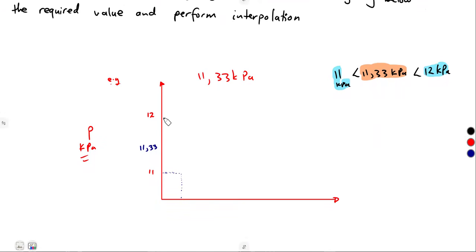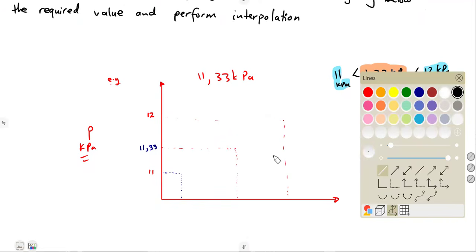You're going to see that the 12 was going to correspond to the maximum value, and we have those values corresponding on the horizontal, and the 11,33 was going to do the same thing, corresponding to a certain value that we do not know in this case. So we're going to form a triangle from there.